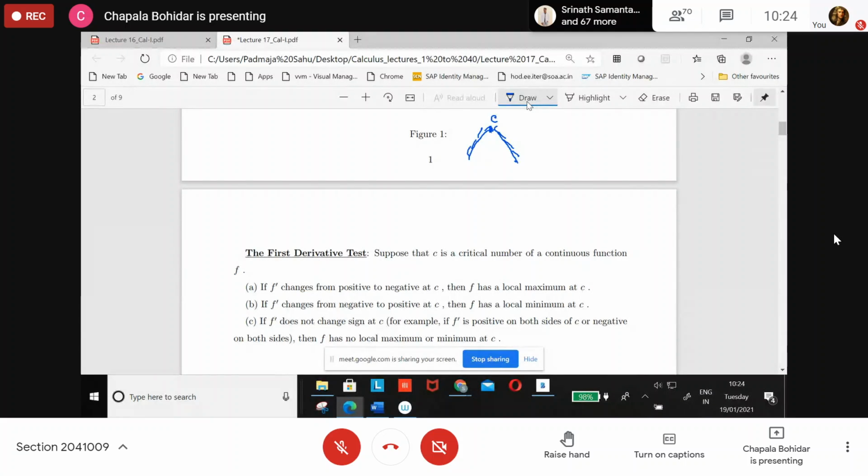Then, if f dash changes from negative to positive at c, here the tangents are now positive, then we say f has a local minimum at c.